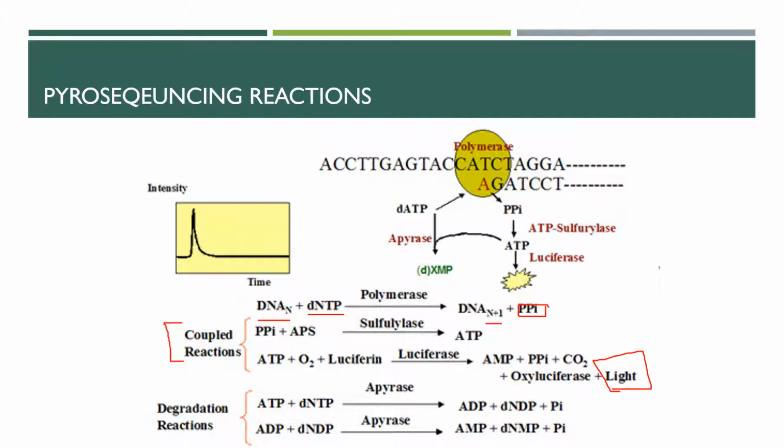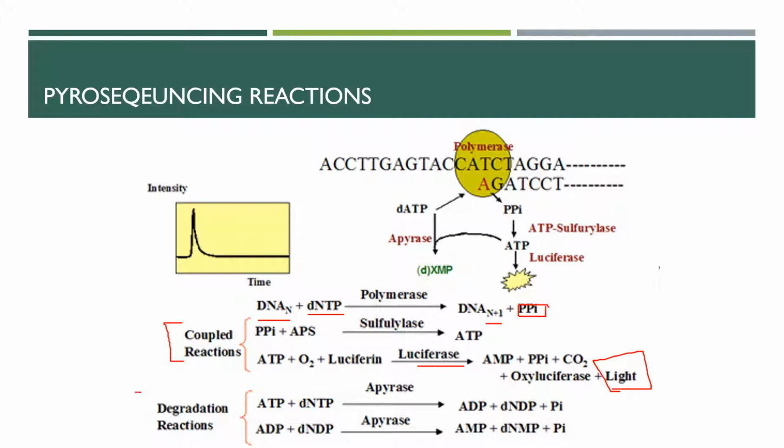The inorganic phosphate in the presence of APS is converted into ATP by using sulfurylase enzyme. The ATP with oxygen and luciferin converts into AMP, inorganic phosphate, CO2, oxyluciferin, and light signal in the presence of luciferase enzyme. The light signal is detected by the detector, and it is noted as a signal or a peak depending upon its intensity.